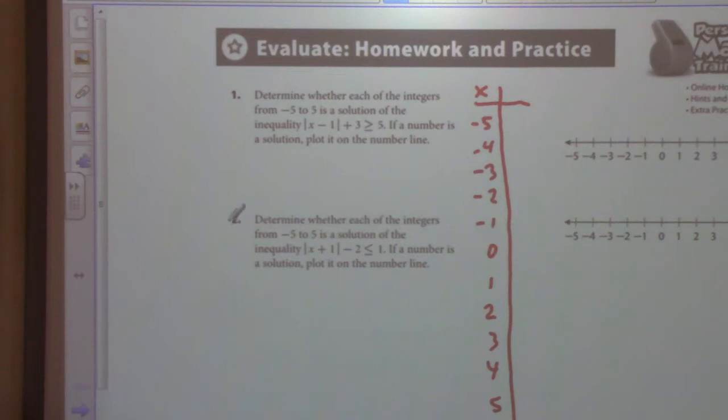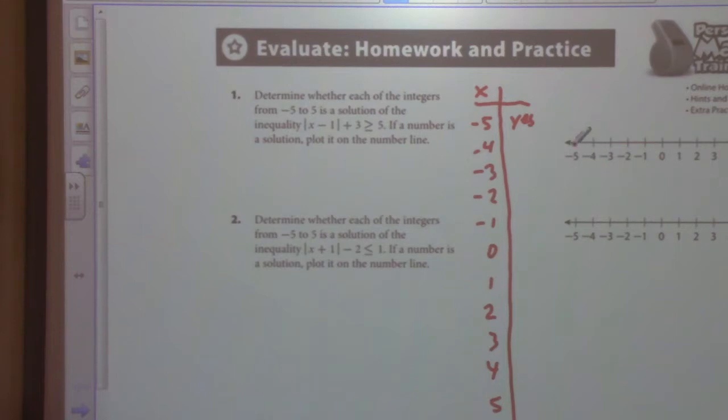If we take -5, and we have -5 minus 1, which is -6. Thank you, Jay. The absolute value of -6 is 6, and 6 plus 3 is 9, which is greater than or equal to 5. Yes or no? Yes.